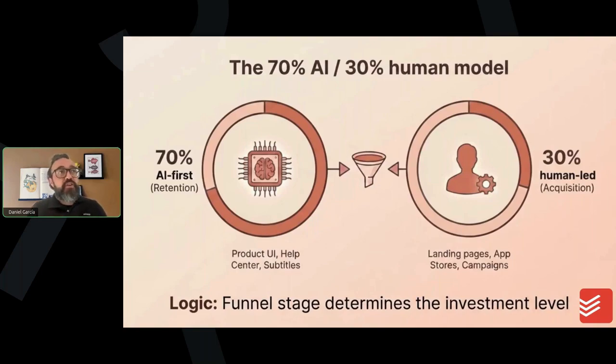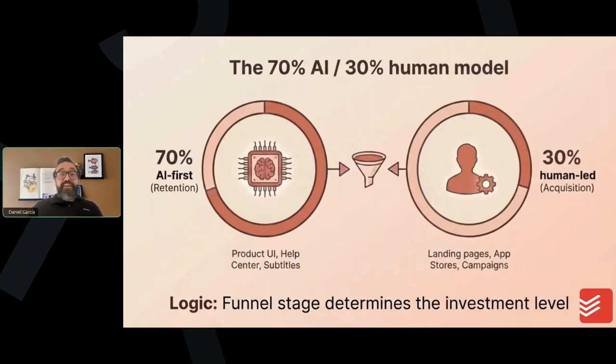The content assigned to human-led and human LQA includes landing pages, app store product pages or listings, campaigns such as email campaigns, paid campaigns, app store campaigns, and resources such as onboarding projects, templates, and setups. So as you can see, every surface that defines our brand voice externally remains human-led.